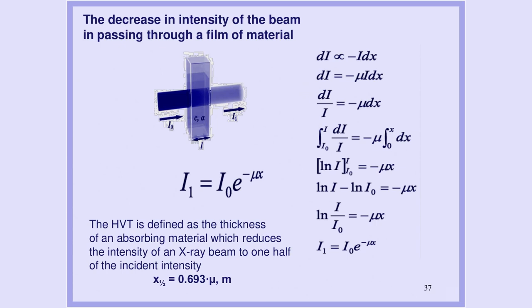It is usual practice to quote the half-value thickness rather than the absorption coefficient of the material. The half-value thickness is defined as the thickness of an absorbing material which reduces the intensity of the X-ray beam to 1/2 of the incident intensity.